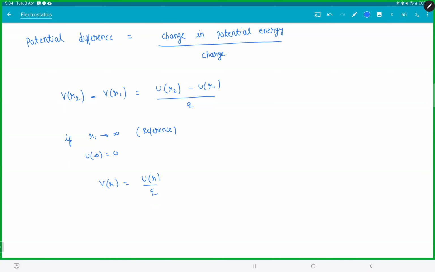So that means if you have a point charge Q and there's a point P here, same definition, the way we defined it before.